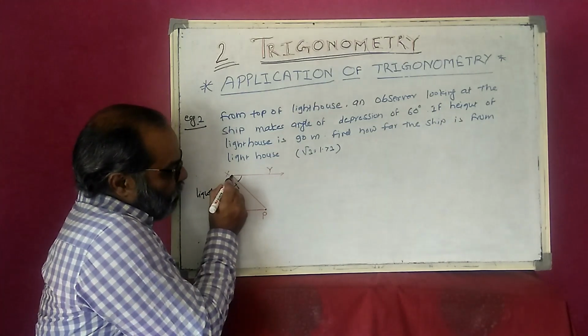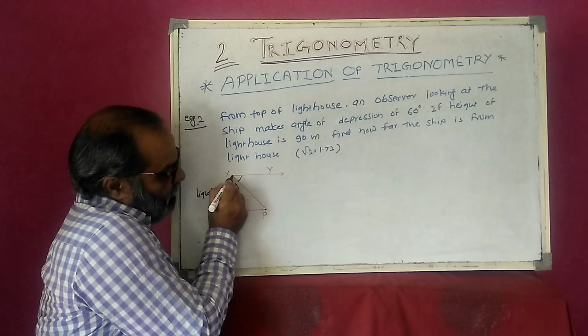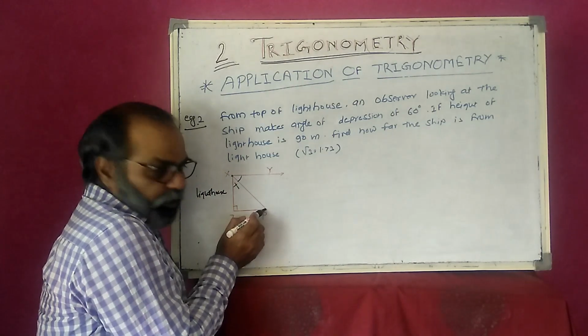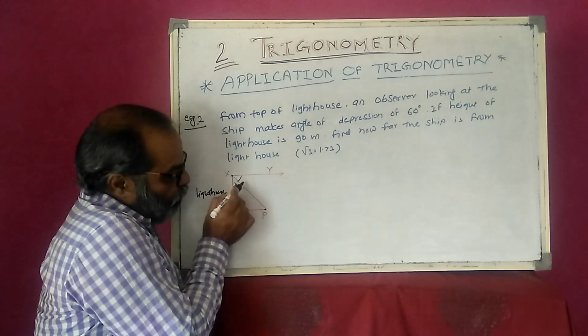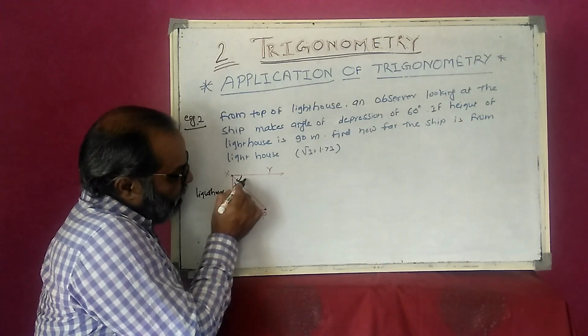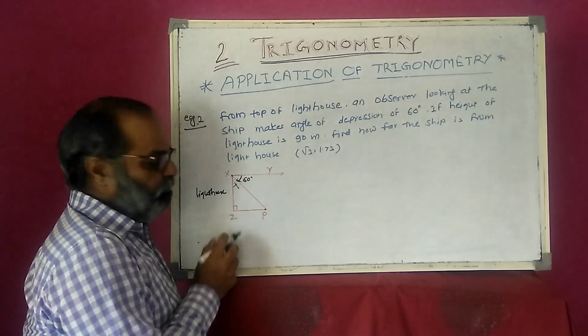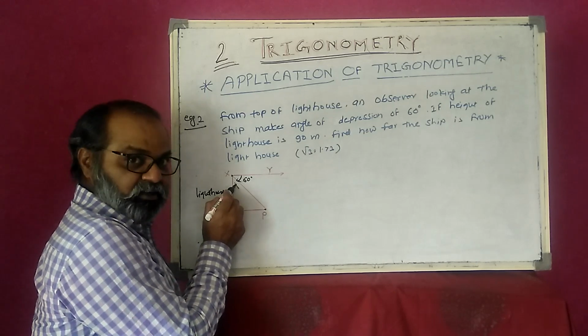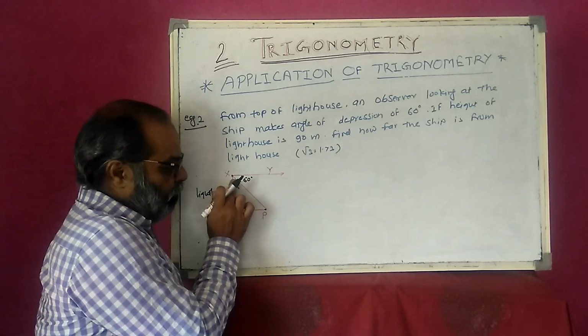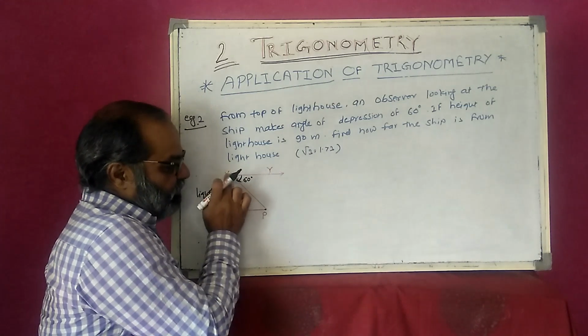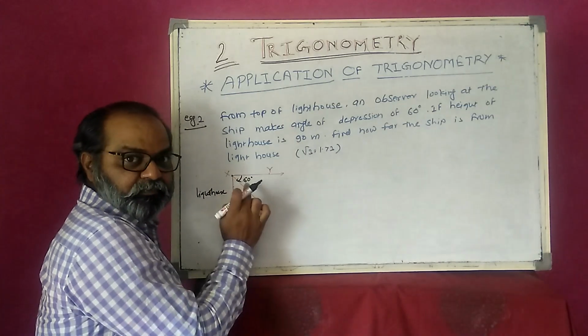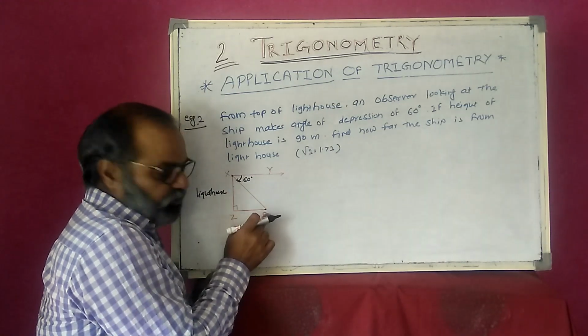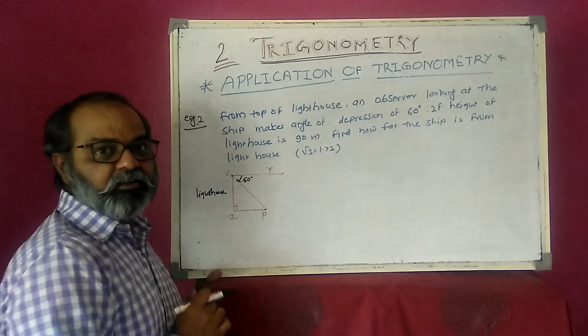Standing here at the point X, he is looking towards the ship, so this angle is 60 degrees. Sometimes it may confuse that this angle is 60, but it doesn't mean that, because the eye level is like that. This is the line of vision, and he looks towards the ship, so this angle is 60 degrees.